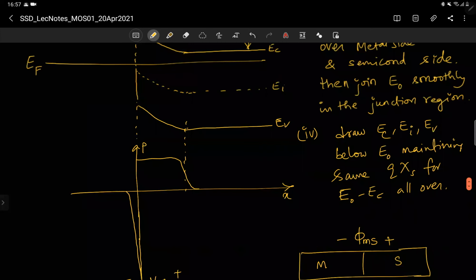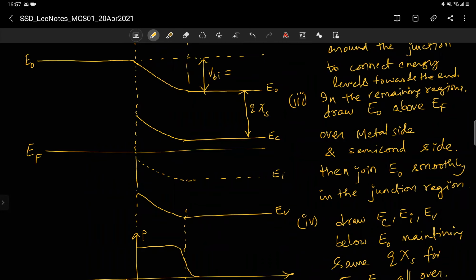So EF comes down, E naught comes down a little bit. If you bring E naught to a lower level, the difference between E naught on both sides will be less. So there will be a lesser potential difference, or in other words, a lesser field. So you will have diffusion dominating over drift because you have reduced the drift component.